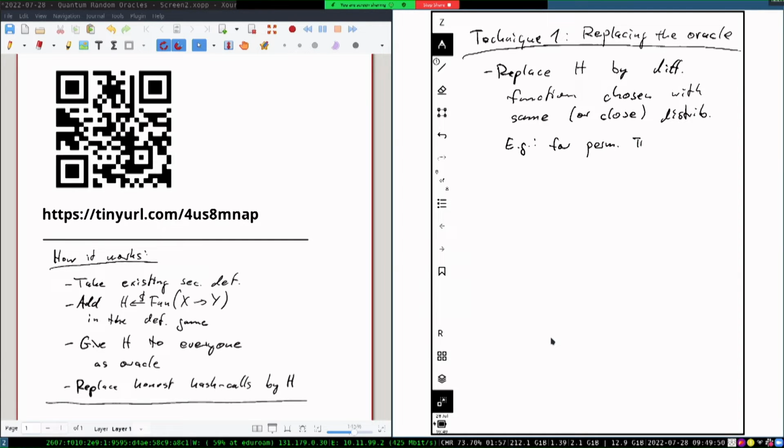permutation pi, we could replace H by pi after H. So we apply pi to every output of the random oracle, and if you apply the same permutation to all outputs, you still get a uniformly random function. Why does it then make any sense?